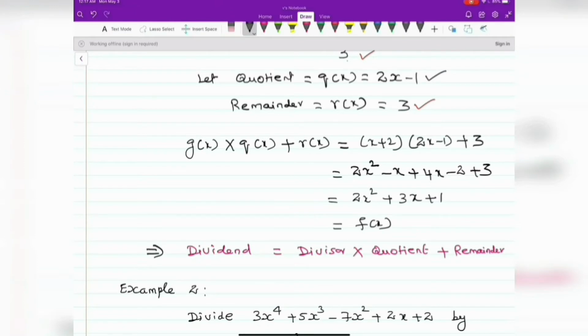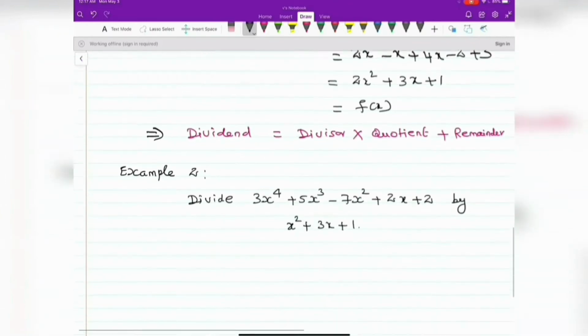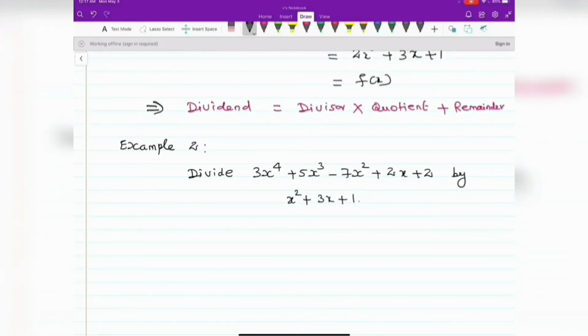For convenience sake, always we write the given polynomials in descending power of x. If you see this particular example 2, already both the dividend as well as the divisor are in descending power of x.